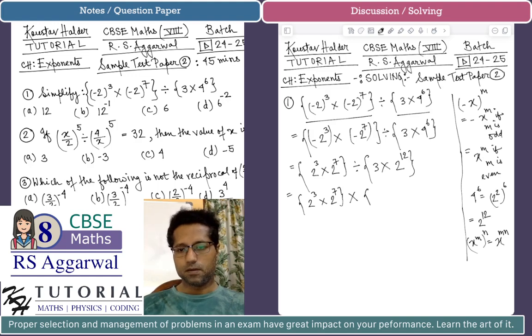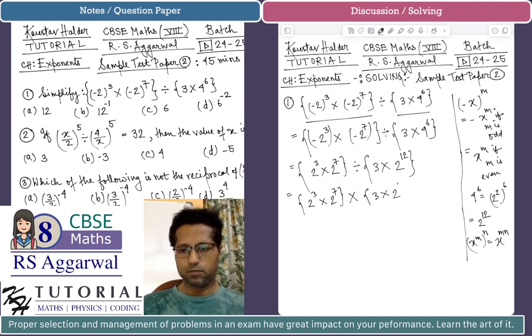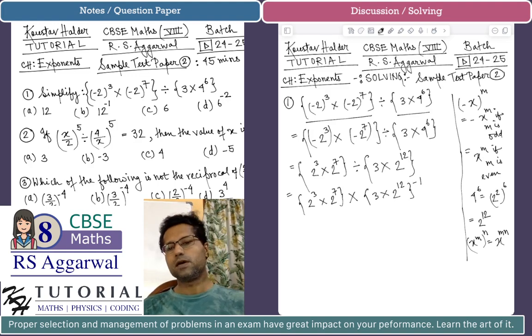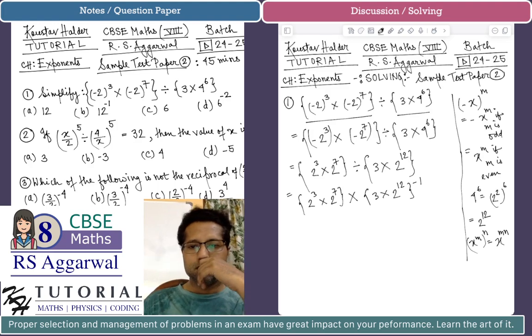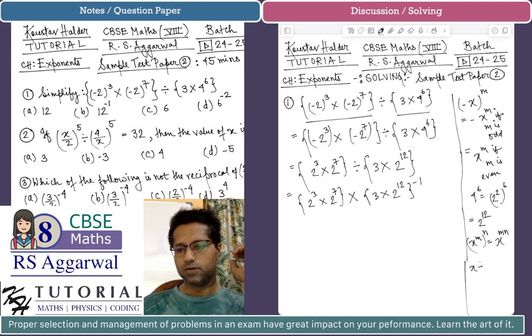So it will be 3 multiplied by 2 to the power 12 and whole inverse. Because we know that when we divide two rational numbers, x divided by y is nothing but x multiplied by y inverse, the multiplicative inverse of y.